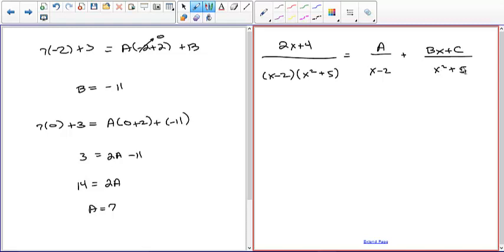Okay, so go ahead and cross multiply the numerators and the denominators. Set the numerators equal to each other. The coefficients, you'll end up with 3 equations in terms of a, b, and c.